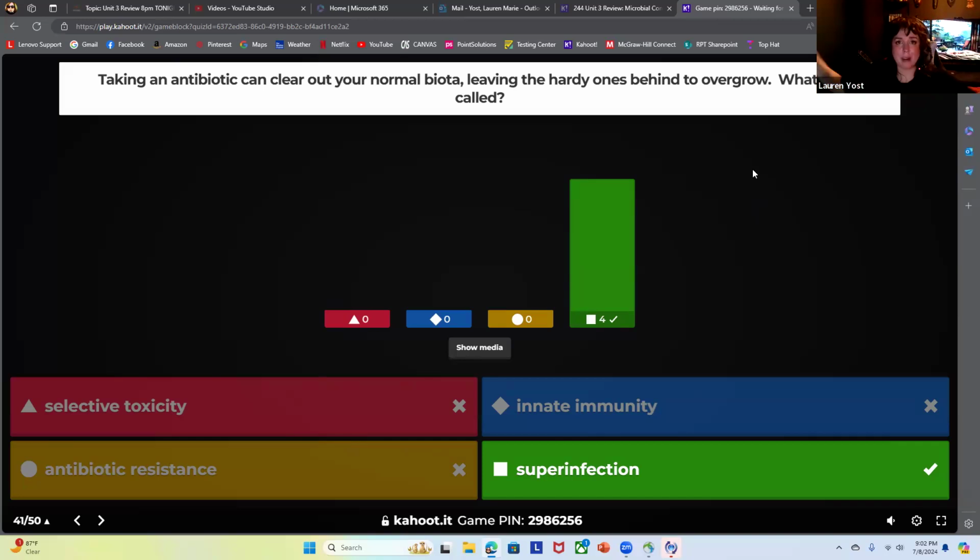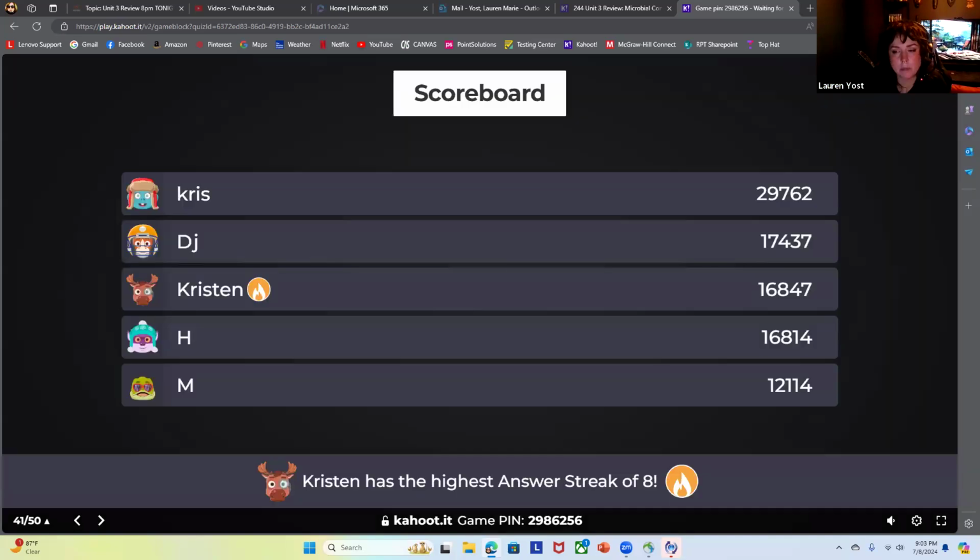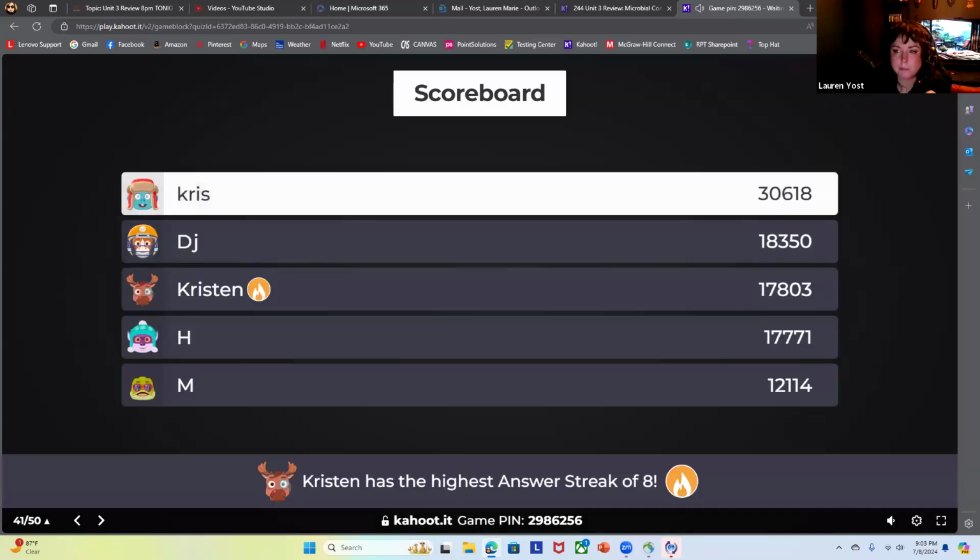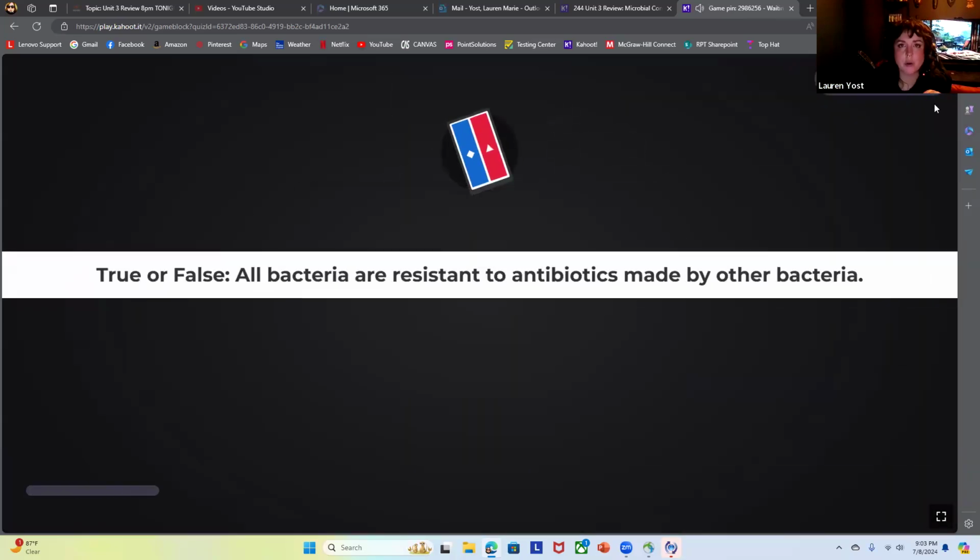However, you kill off everybody else, but only the C. diff is left. They're just going to multiply and take up all the stadium seats. And then you've got pseudomembranous colitis, and that's a problem. So that'll happen. Same thing happens with yeast infections whenever you take antibiotics for UTIs, for example. Can happen. So that's called superinfection. Usually comes from yourself, from your own biome.